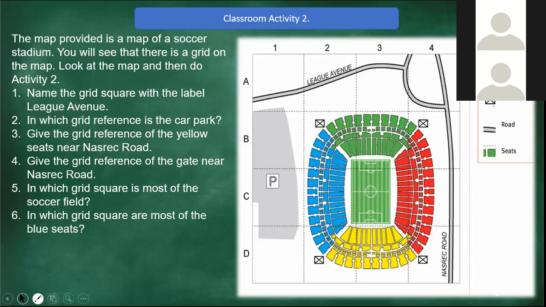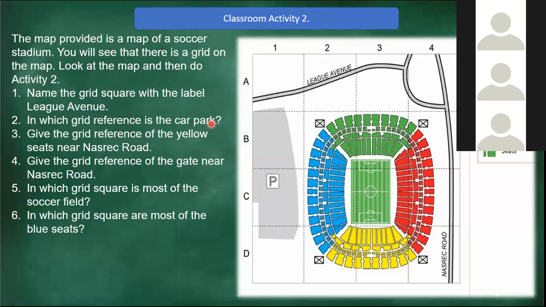Moving forward, in which grid square are most of the blue seats? Look at the blue seats. Who wants to talk? We have Tyron. Most of the blue seats are in C2.